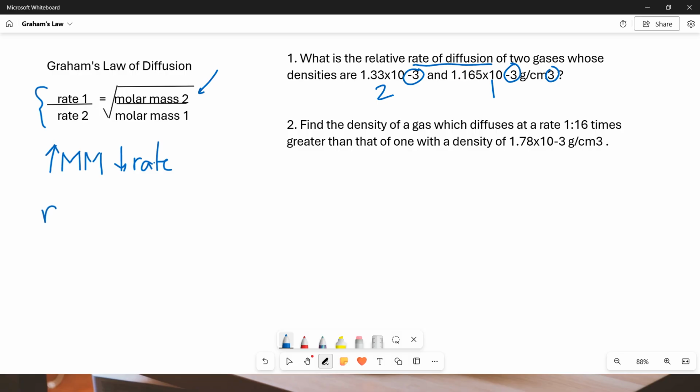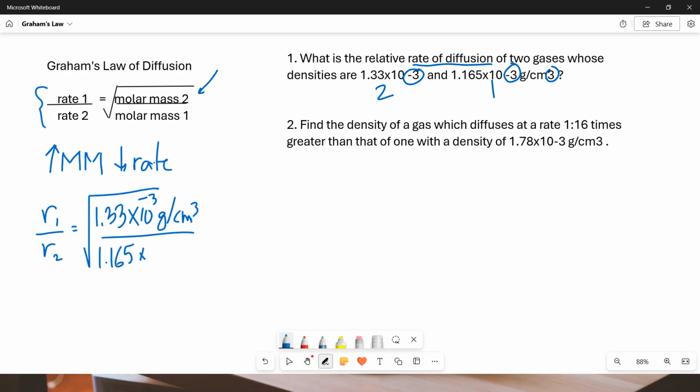So we're going to find rate 1 over rate 2 is equal to the square root. And I know it says molar mass, but we can go ahead and use density. So gas 2 is 1.33 times 10 to the minus 3 grams per centimeter cubed, divided by gas 1's density, 1.165 times 10 to the minus 3 grams per centimeter cubed.